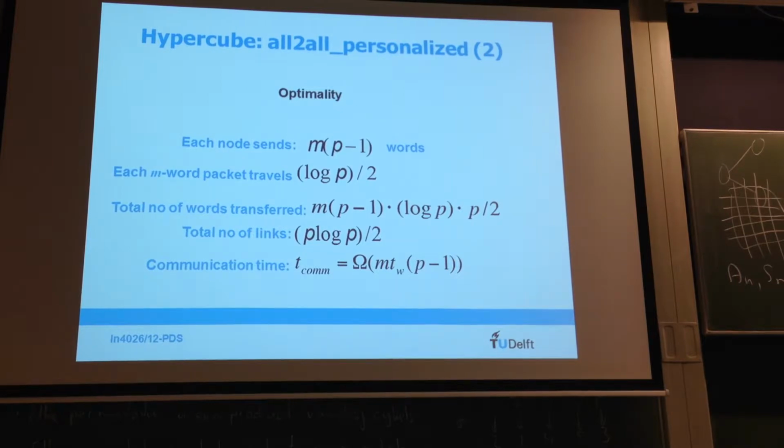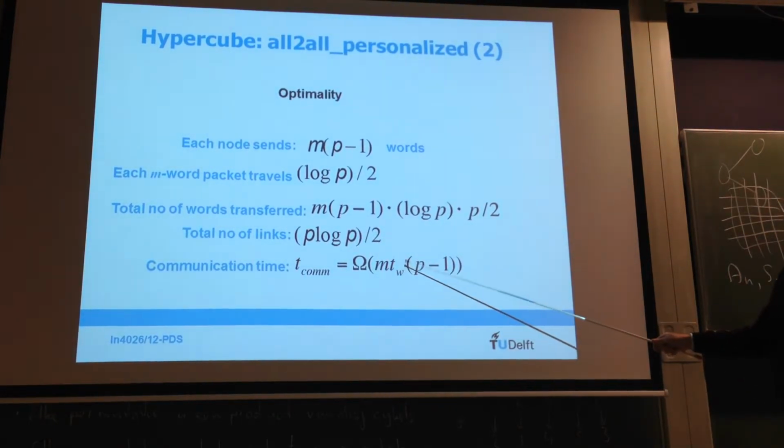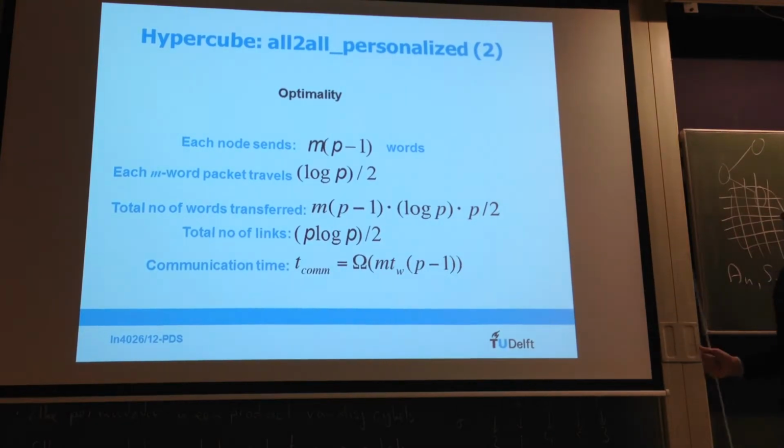Right, so if I divide this expression by this one, then the communication time is proportional to p minus 1. What did we derive in the previous algorithm?